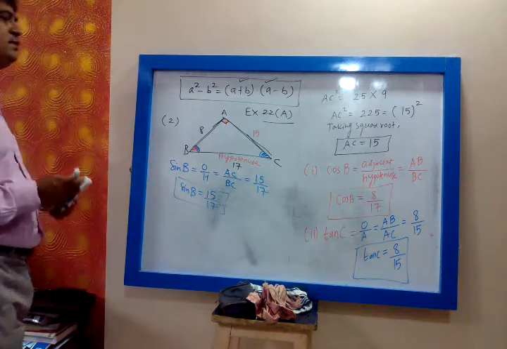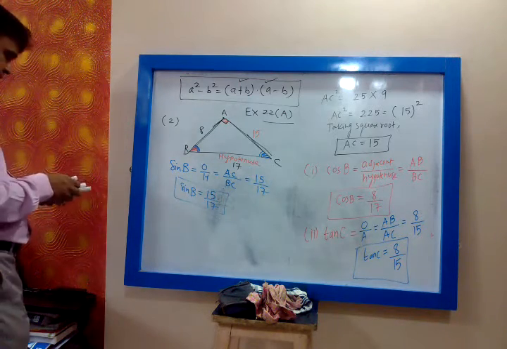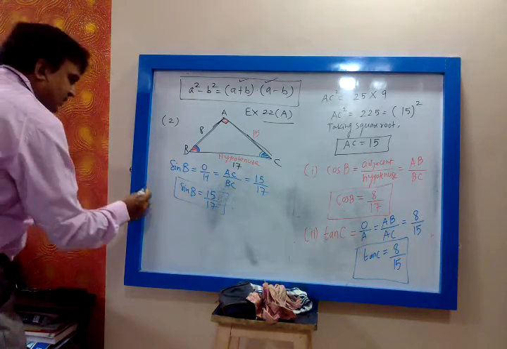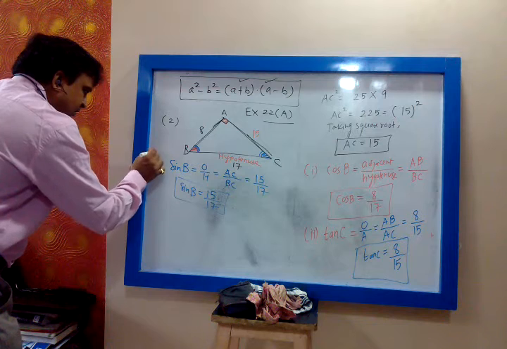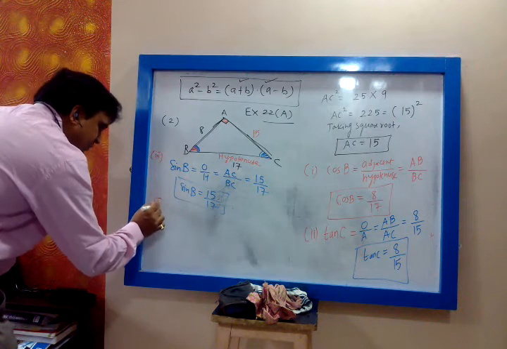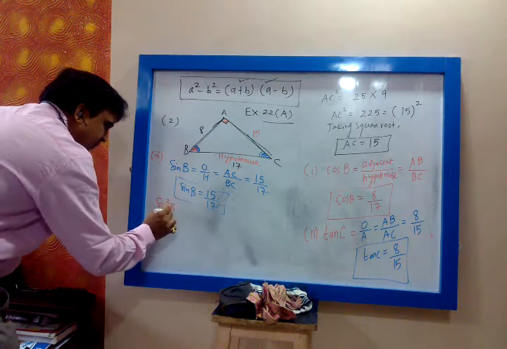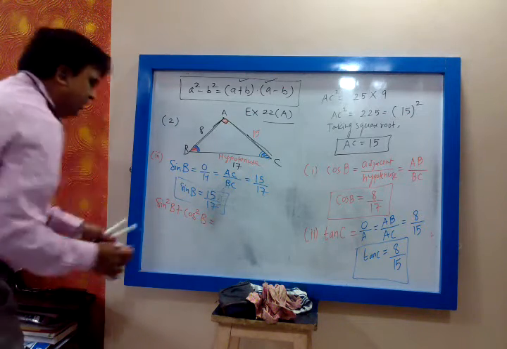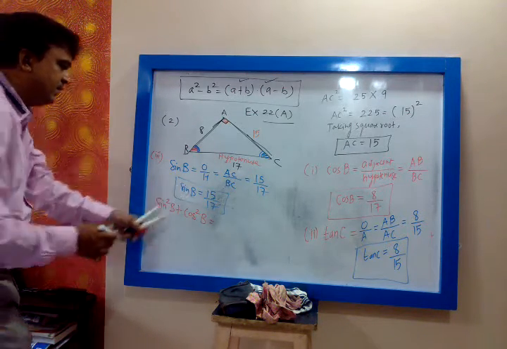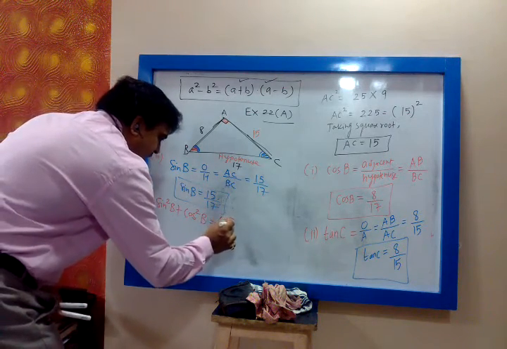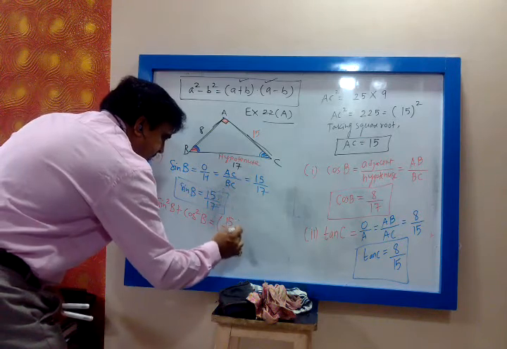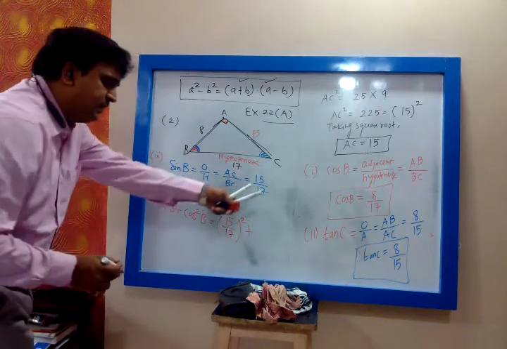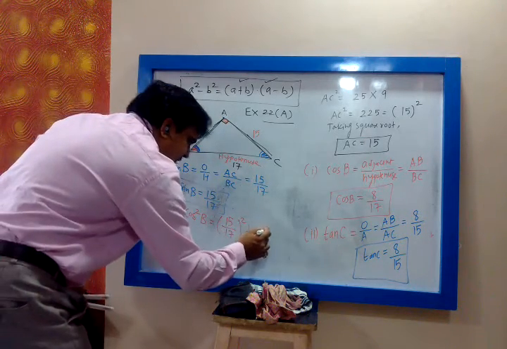Now what is asked? Third one, find sin square B plus cos square B. So what is the value of sin B? Sin B is 15 by 17. So that will be (15 by 17) square plus cos B (8 by 17) square.